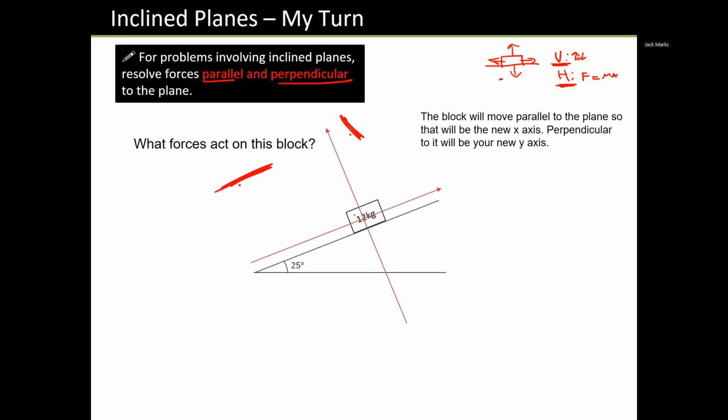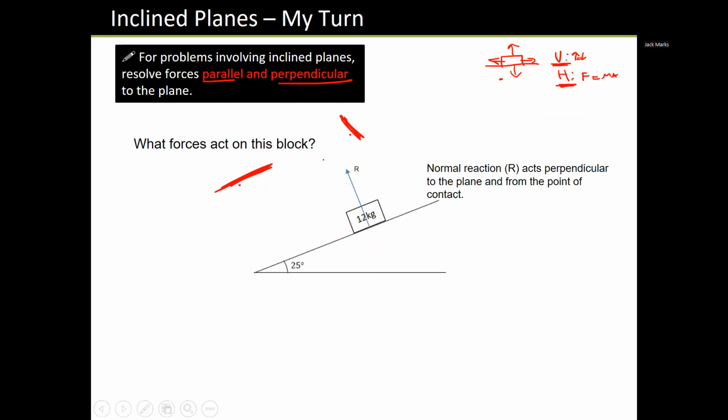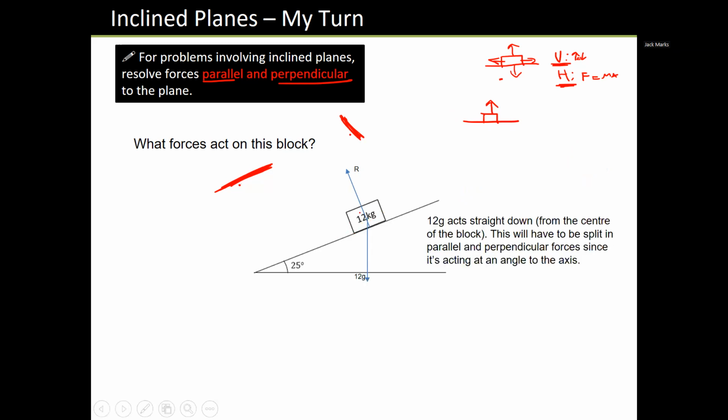So with that in mind, what forces are acting on this block? Well, it's on a slope, which is still sort of like a table, so there's still going to be a reaction force. Reaction forces don't just go straight up, they are perpendicular to a plane. When you have a table and a block like that, perpendicular happens to be an up arrow. Here it is not an up arrow anymore. What other forces are there?